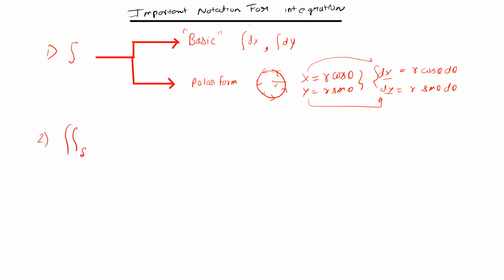And the second one is double integration, in which we have two parts. The first one is the basic method, and the second method we are going to use is the polar form. This is the same thing which we have done in the previous one.